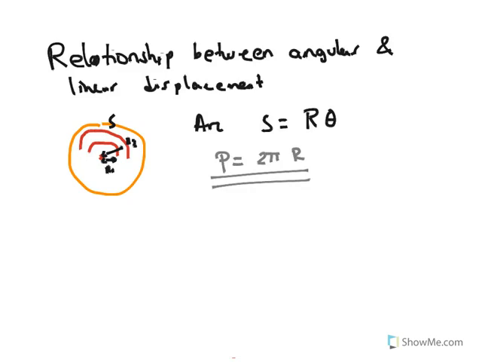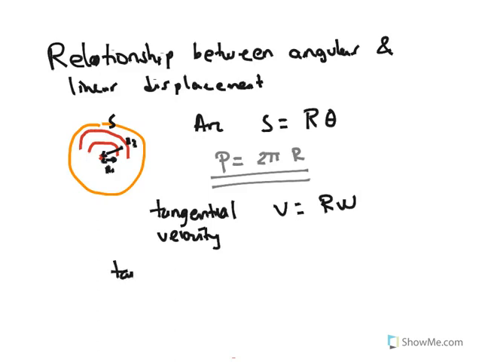Of course, there is a relationship with the tangential velocity, and this relationship is that the velocity is equal to the radius times the angular velocity.